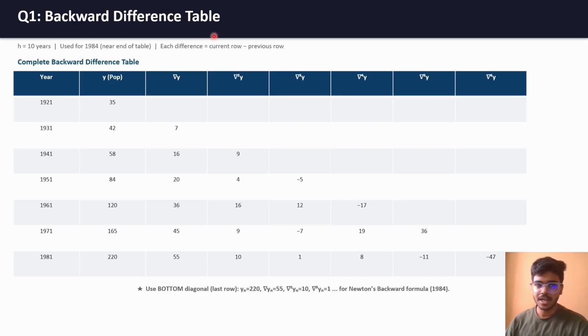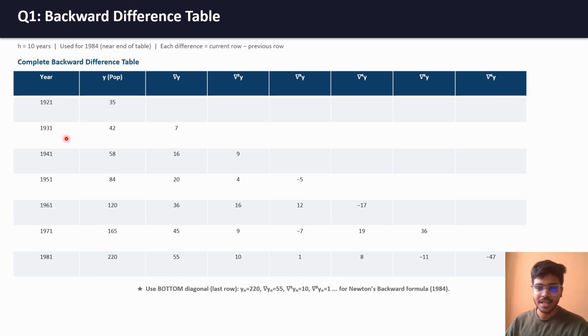Now let us look at the backward difference table. This is needed specifically for estimating the population in 1984, which is close to the end of our data. The backward difference table uses the same data, but the differences are computed in reverse. The backward first difference delta y at any row equals the y value at the row minus the y value at the previous row.